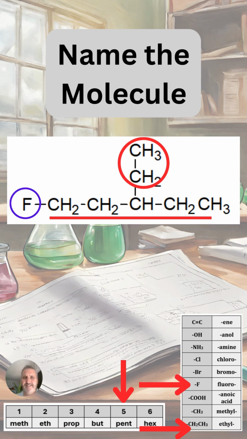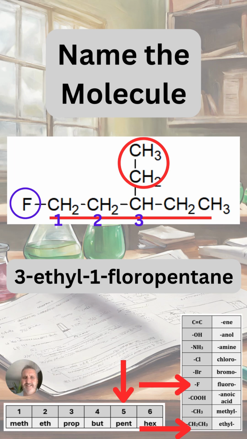Now, we might attempt at the start to write this name as 1-fluoro-3-ethylpentane, so the numbers are in numerical order, but actually we write the prefixes in alphabetical order. So the correct name for this would be 3-ethyl-1-fluoropentane.